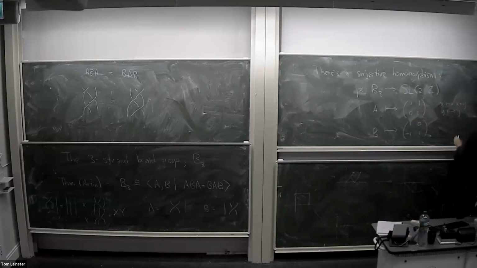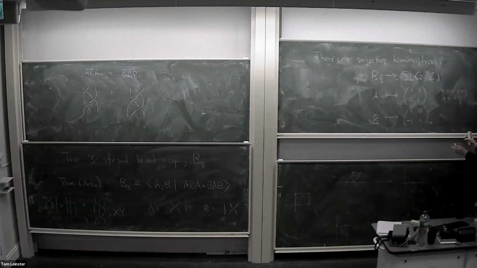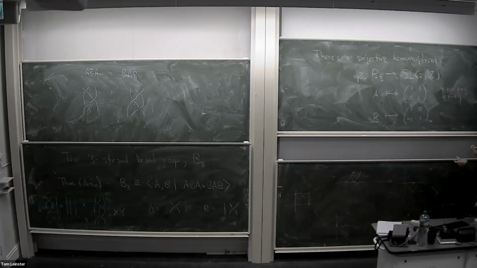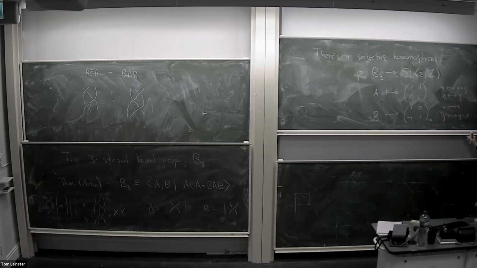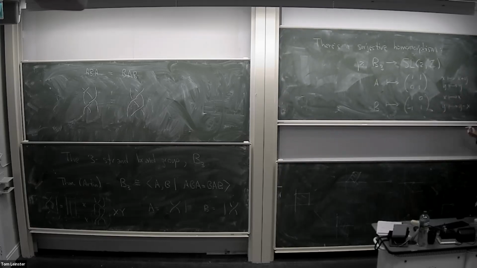That's a shear in the sense that one coordinate is affecting the other, but not vice versa. And this other one says, leave X alone, but replace Y with Y minus X. So in the first one, you're adding Y to X, and in the second one, you're subtracting X from Y.